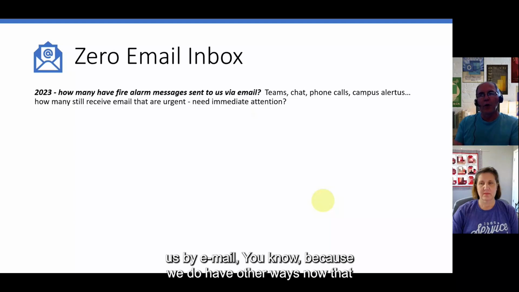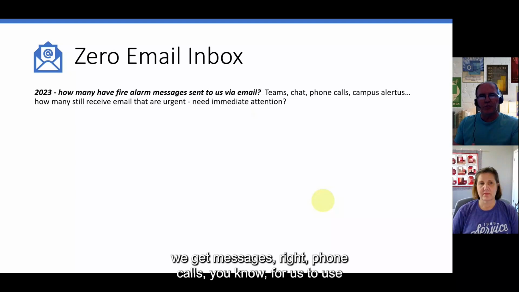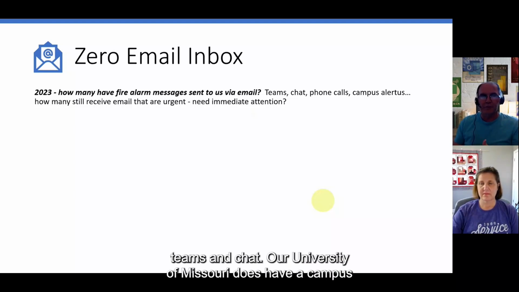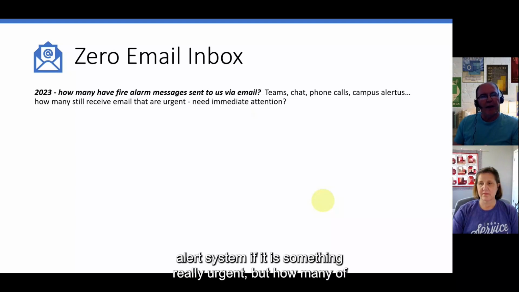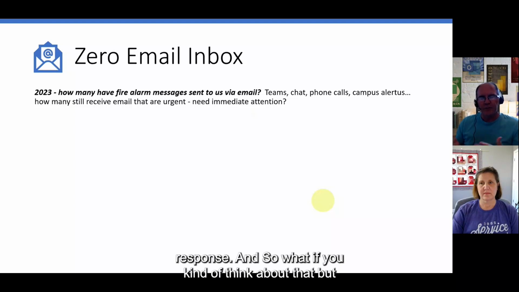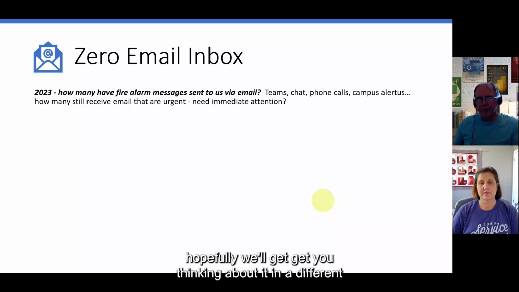Because we do have other ways now that we get messages, right? Phone calls, and for us who use Teams, chat. Our University of Missouri does have a campus alert system if it is something really urgent. But how many of us still receive emails that are urgent and need an immediate response? If you're not in an environment where you need to respond immediately to an email, then hopefully we'll get you thinking about it in a different manner.